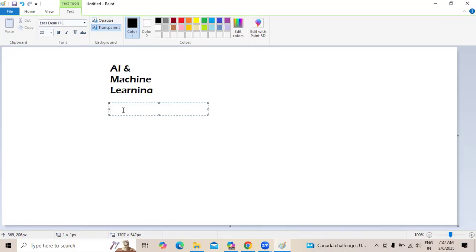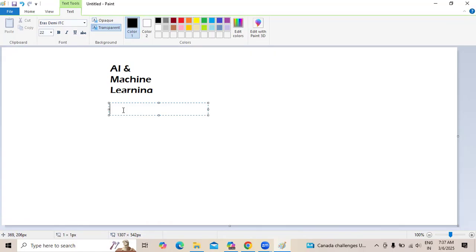So this approach, the implementation of AI and machine learning, processes and analyzes the data comprehensively as well as precisely.